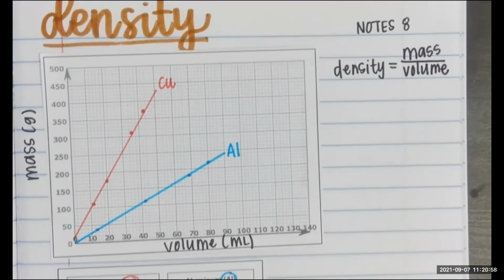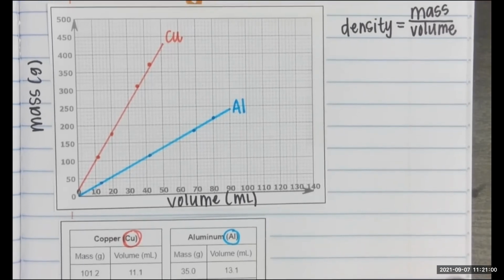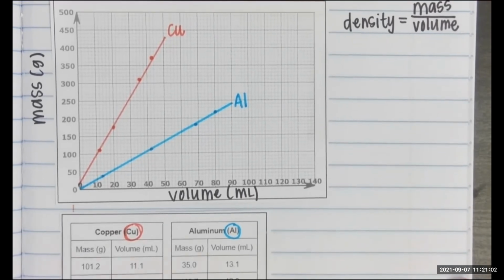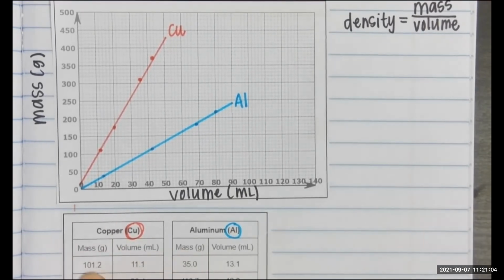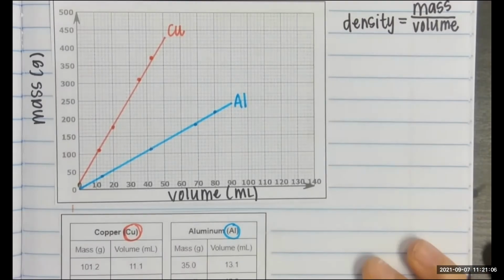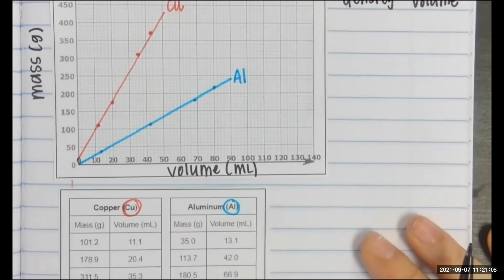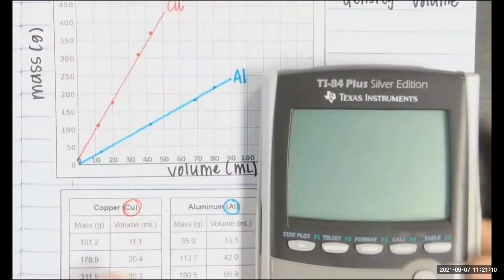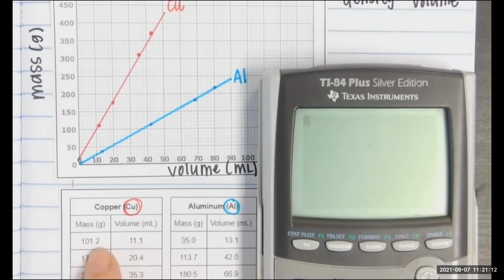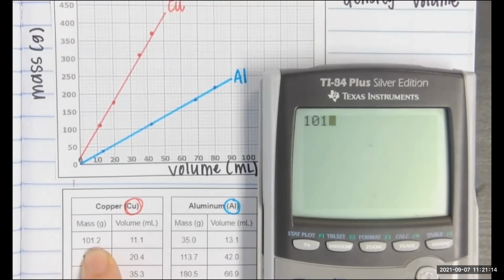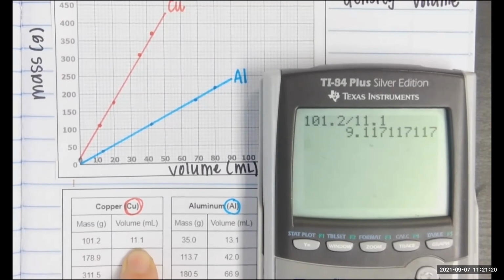So we have a couple of different ways that we could calculate the density. We could just pick a point, like this first point. What is the density of copper? Because it weighs 101.2 when it takes up 11.1 milliliters of space.